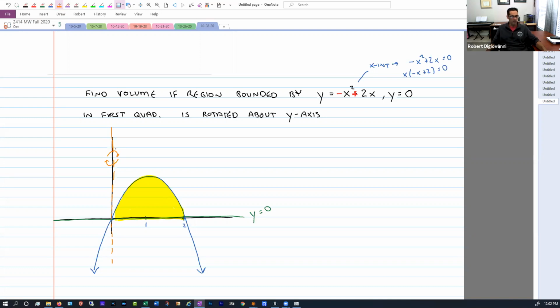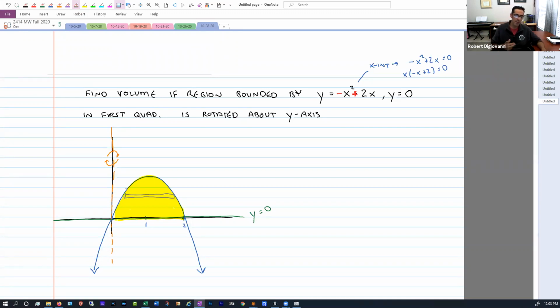Does anybody see the problem, the dilemma? We can't use horizontal rectangles, because if you draw a horizontal rectangle, the right curve and left curve are the same curve.